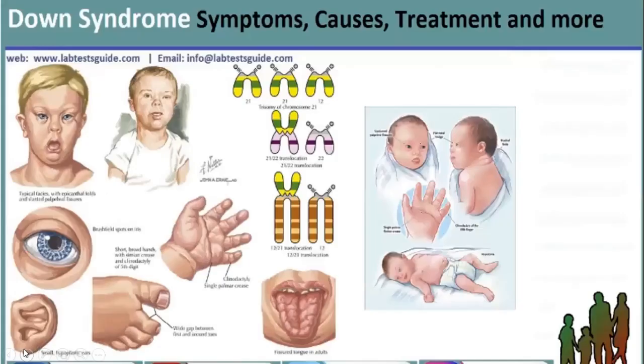I have included a picture on the Down syndrome symptoms and causes. Actually, it is difficult to treat it. You can see how the face of a Down syndrome baby is, the brushfield spots on its iris, and the disfigured type of tongue in adults.